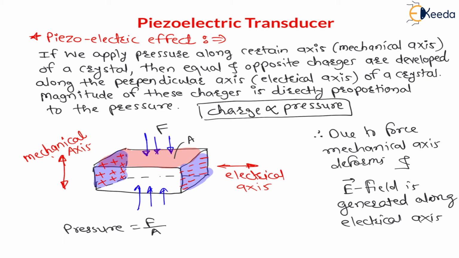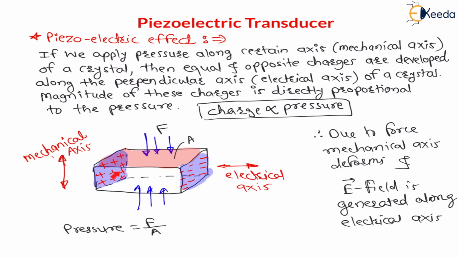And such an effect is called the piezoelectric effect. Now my dear students, the reverse of the piezoelectric effect is also possible. Here the input was force or pressure: we applied pressure along the mechanical axis and the electric field or charges are produced on the electrical axis. The reverse can also be done.